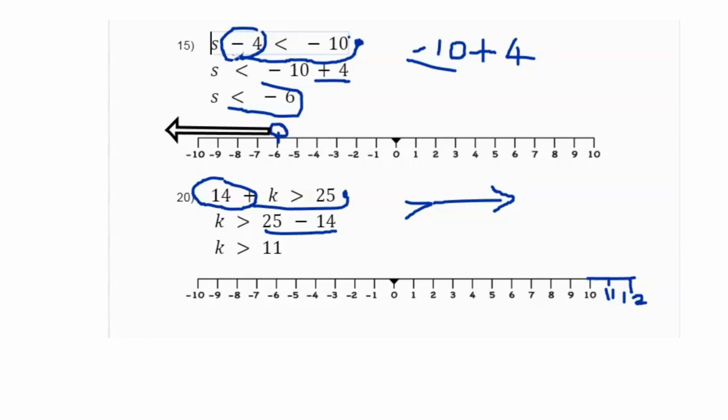This is good. So we'll start. This is the 11 I added. Come here, and it's an open circle. We draw the open circle, and we draw the arrow. The arrow is going towards this side. That's it. Okay. If you have any questions, please let me know.